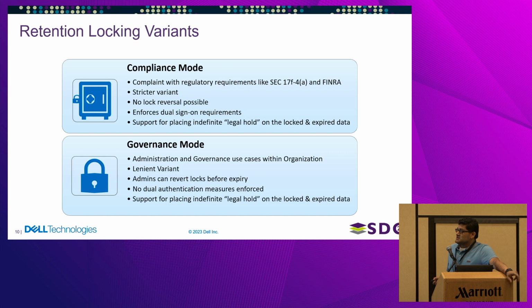So with an administrator privilege, they can revert the locks before they expire if needed. But the compliance mode is a one-way street. Once locked, there is no way to unlock it until the lock expires.